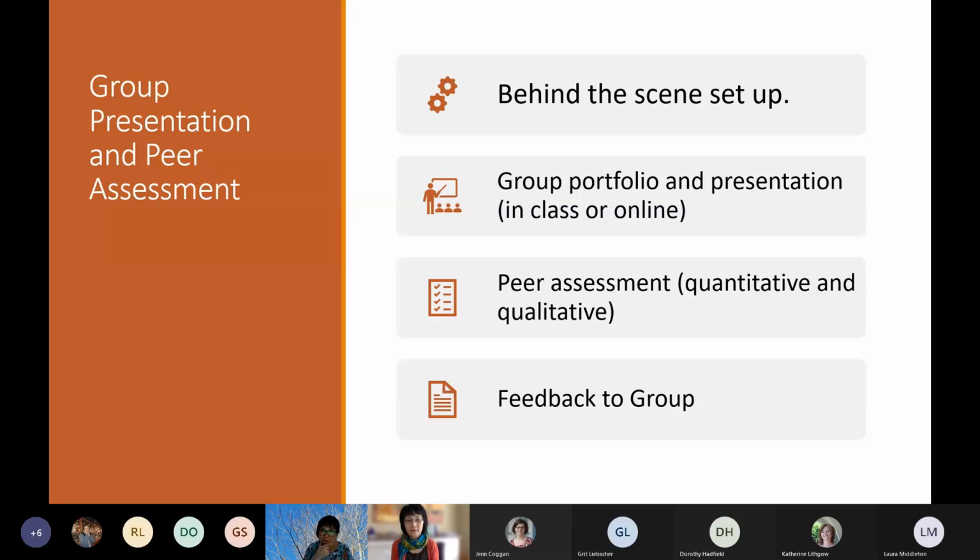But of course, if you remember last year, springtime, we suddenly moved into a virtual learning situation because of the pandemic. So the last 2 or 3 weeks, some of the group presentations moved completely online. And then we get this peer assessment, which includes both rating scale type of quantitative information and also qualitative feedback. We also generate a report and give it to the groups to see what kind of feedback they got from their peers.